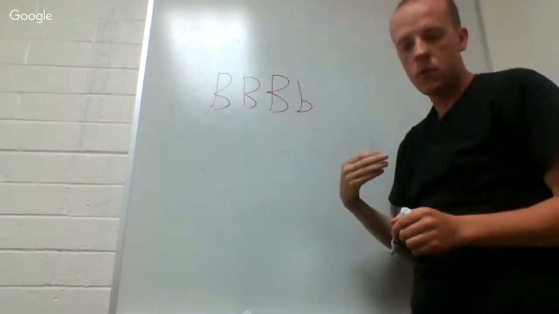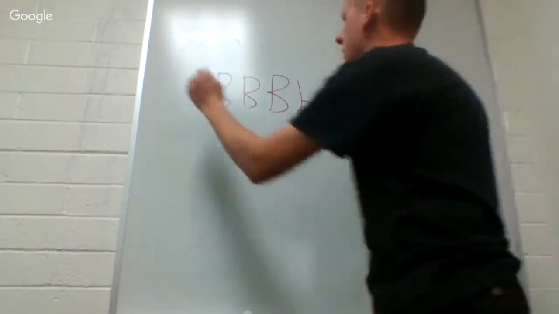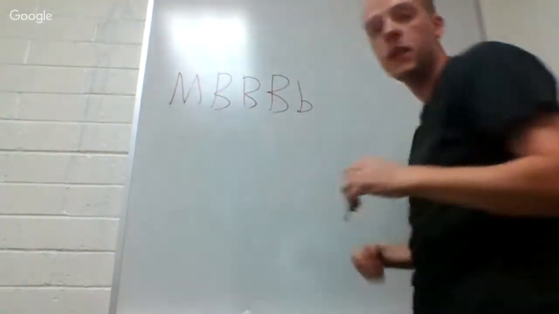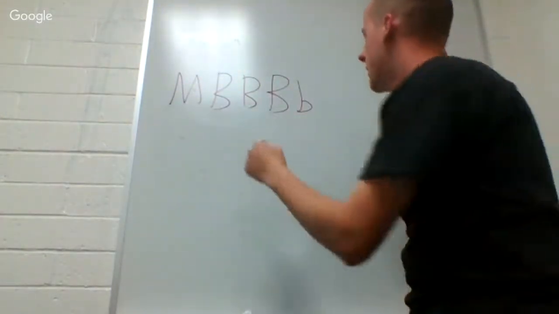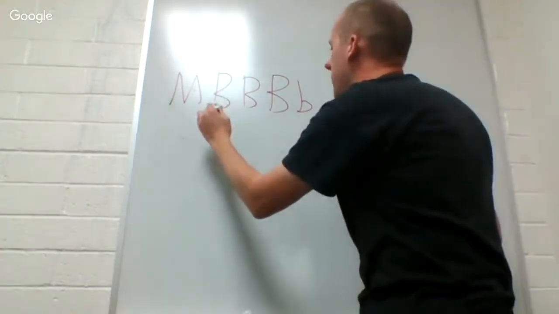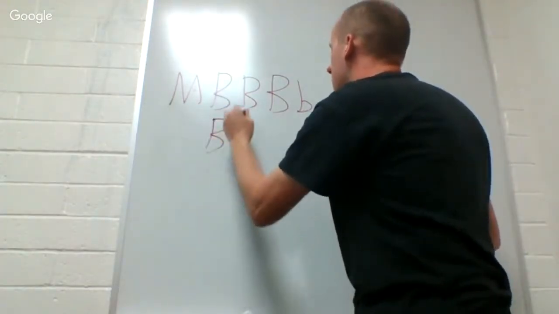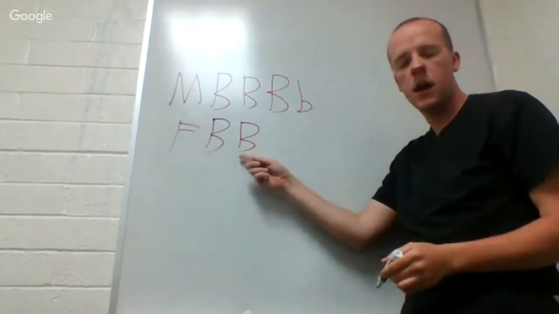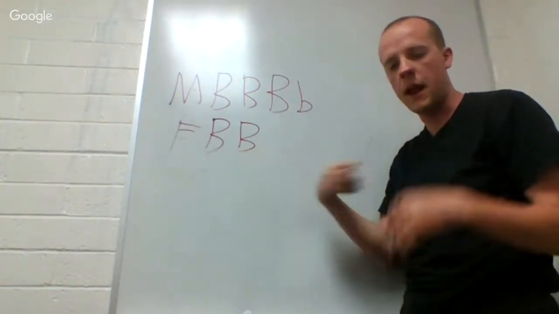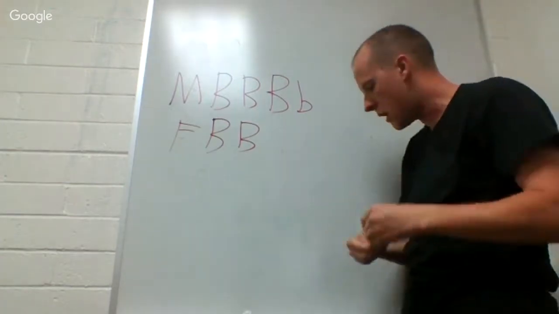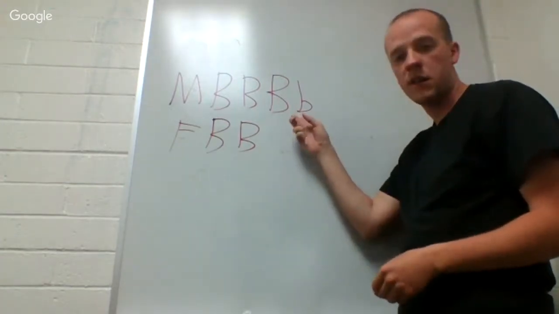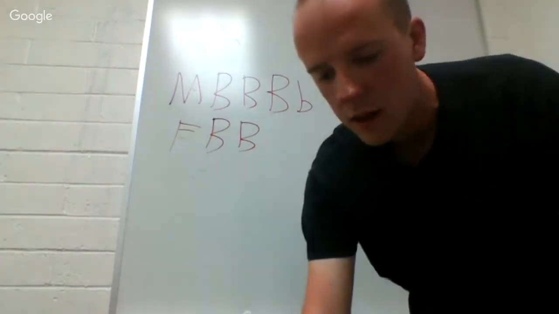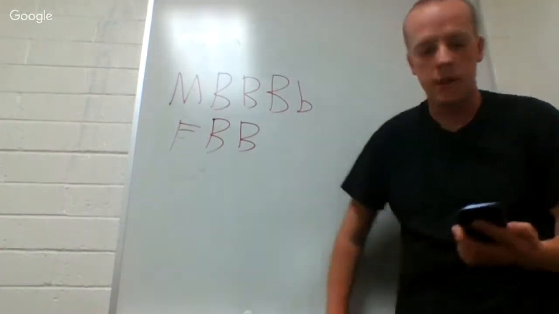But since it's recessive in females, the female would have to be homozygous dominant to have the beard. If she were heterozygous, she would be unbearded, because the unbearded trait is dominant in the female.